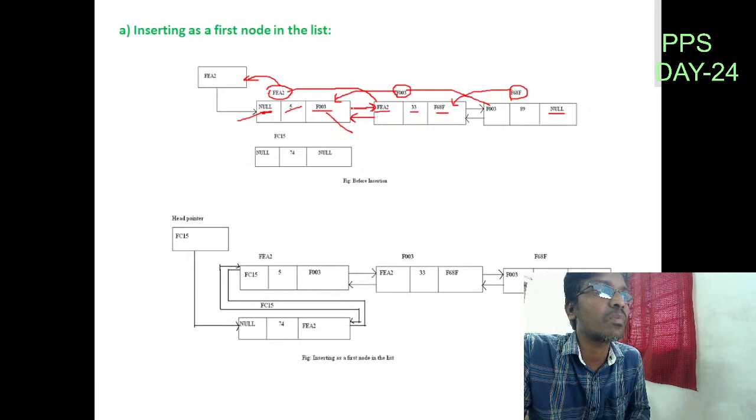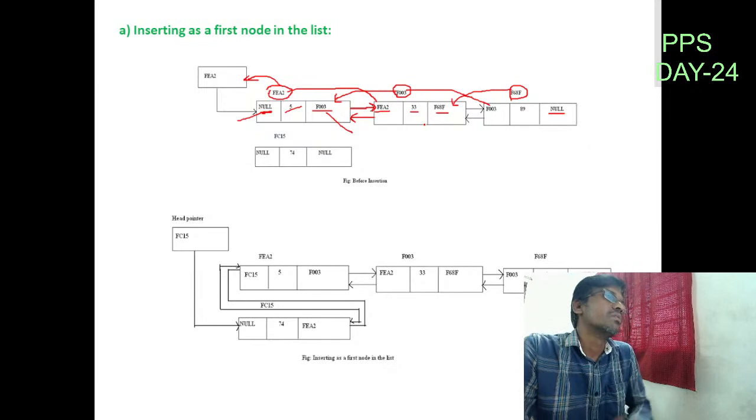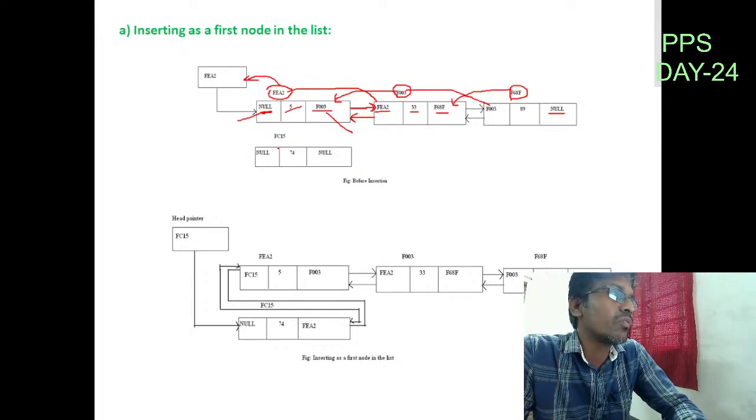That's why it will point in the forward direction as well as the backward direction. That's why I said you can travel in the forward direction as well as in the reverse direction. That is possible in a double linked list, whereas in a single linked list it is not possible. So now here I am taking one new node.